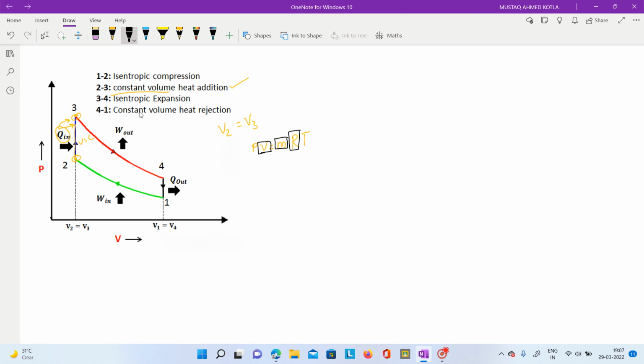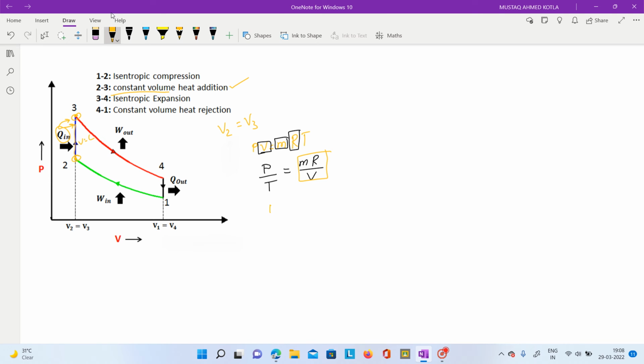Remember that one also. Then see, P by T; the non-constant value is temperature. Temperature also changes with respect to pressure. P by T equals to mR by volume V. Now tell me friends, mR by V is a constant value, right?